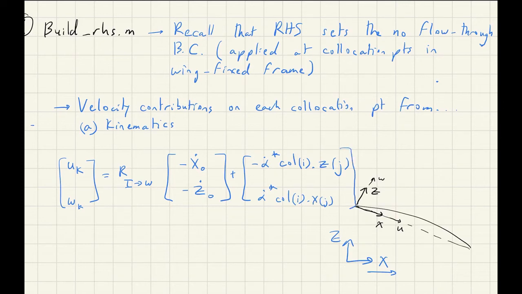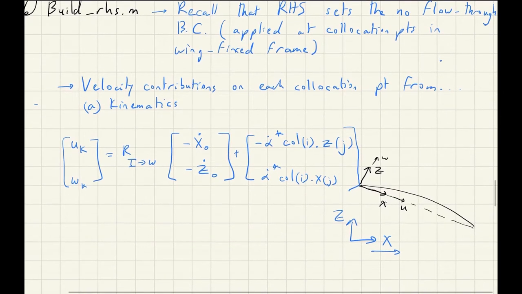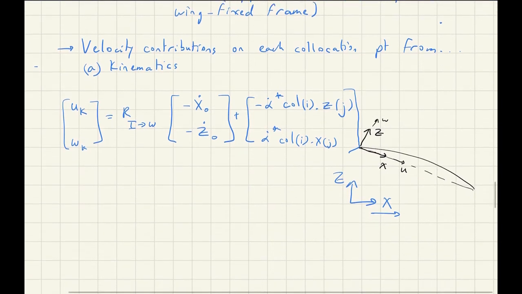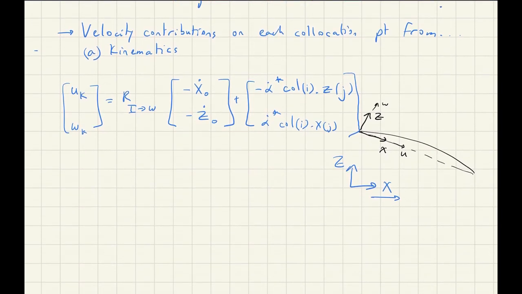So let me explain this really quickly. Assume that you have this cambered wing pitching about some point, and here we are assuming that the positive alpha is in this direction. So pitching up is a positive change in your angle of attack.